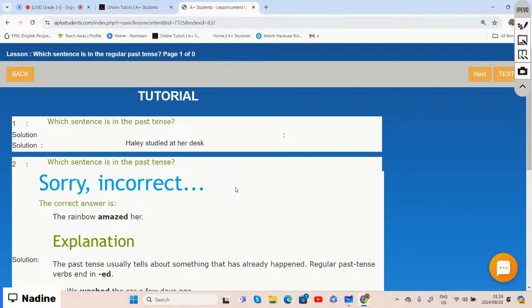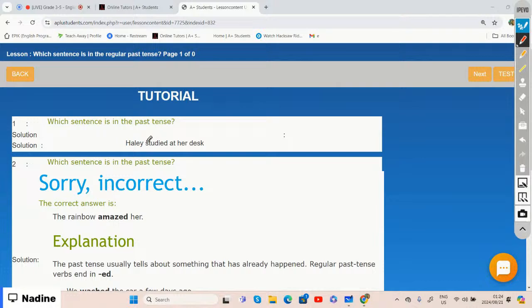So if we look at the word studied, is this word in the past tense?